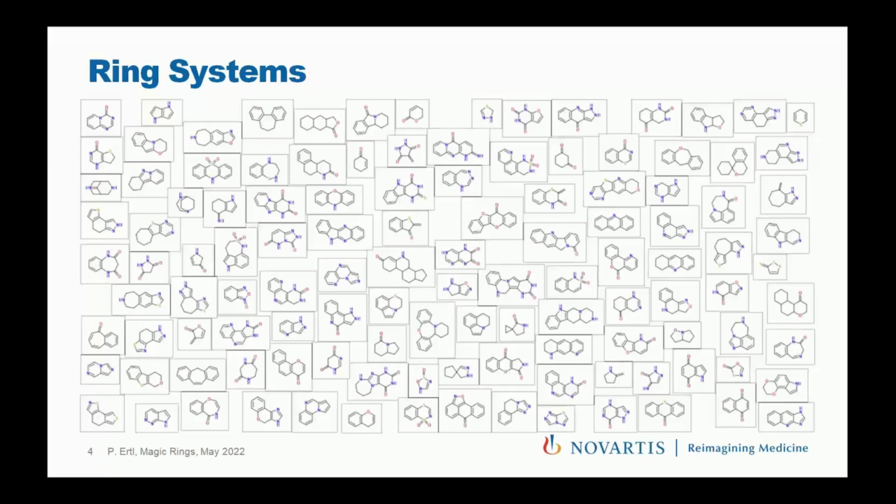I extracted these rings from two large collections of molecules. From the bioactive molecules of the ChEMBL database, and I suppose most of you are familiar with ChEMBL. This is a really indispensable resource for medicinal chemistry and cheminformatics. Current ChEMBL has about 2 million molecules, and about 700,000 of these are bioactive. This means that activity is better than 10 micromolar on any target.